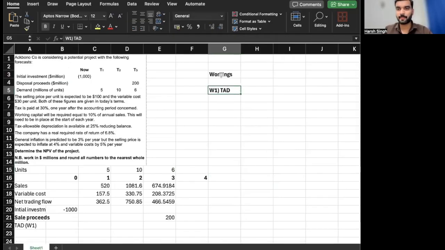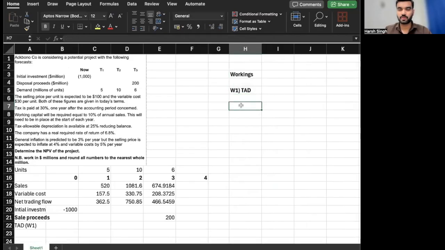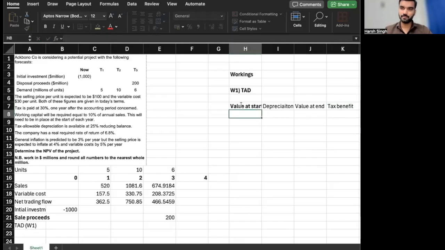Now for tax allowable depreciation, what is the value at start? Then depreciation, value at end, tax benefit.